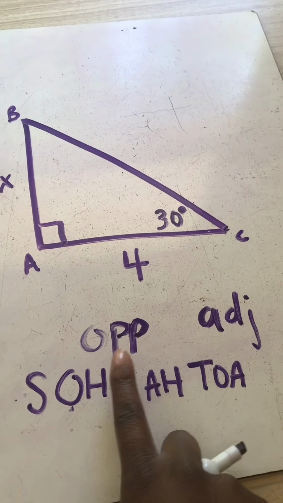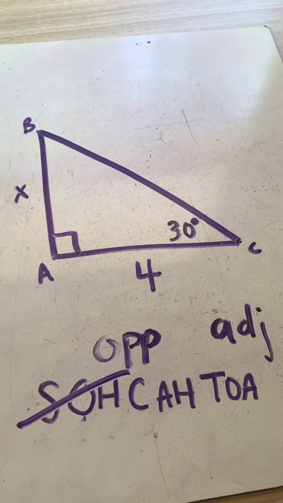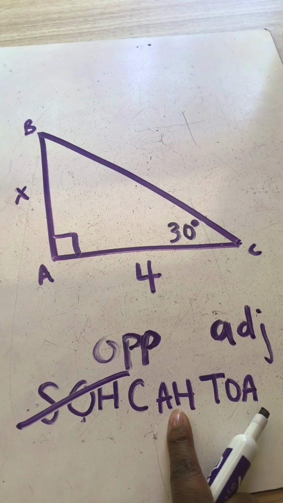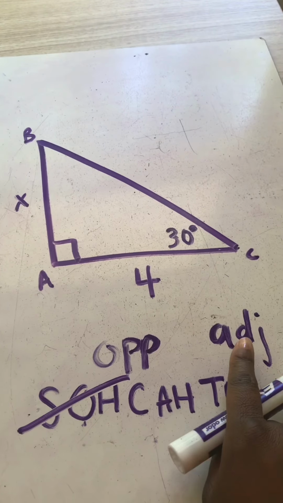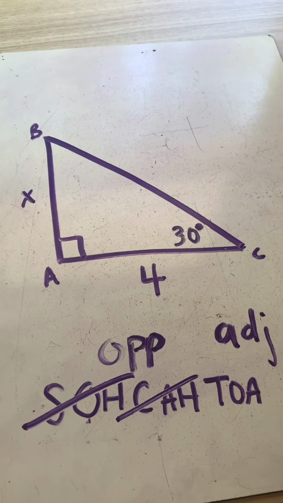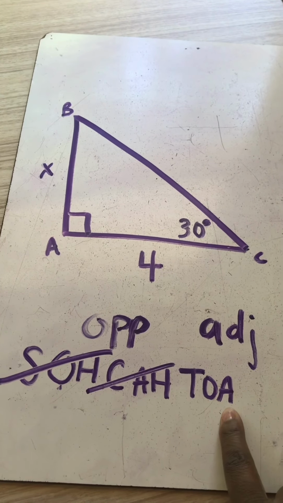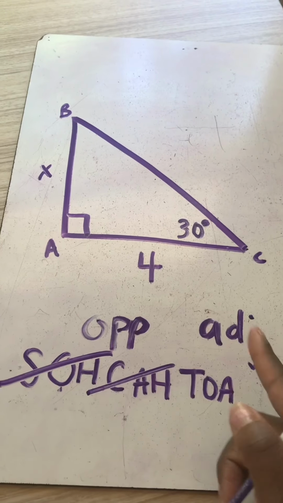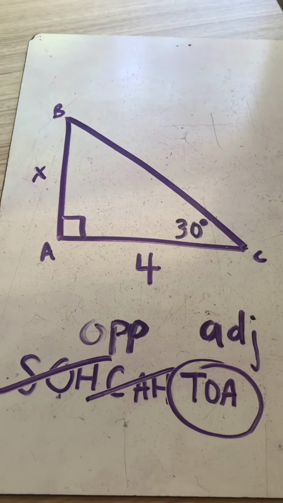Do we have opposite and hypotenuse? No. So I can't use sine. Cosine uses adjacent and hypotenuse. I have adjacent, but again, I don't have hypotenuse, so I can't use cosine. Tangent uses opposite and adjacent, which I have both of those, so I'm going to use tangent for this problem.